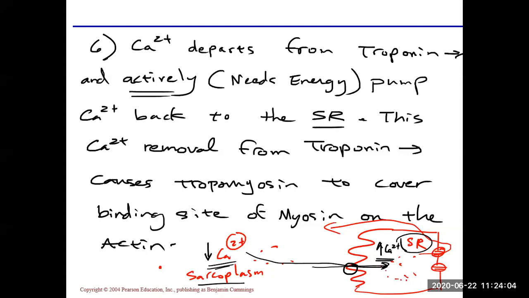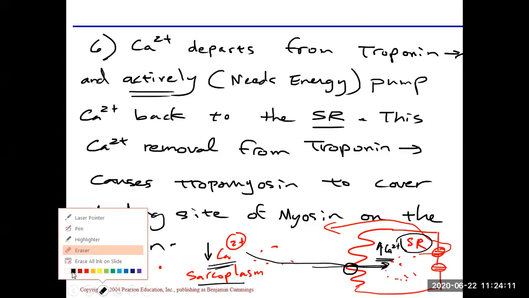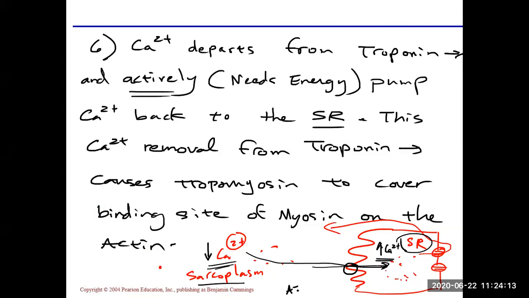But this calcium needs to be removed. And there is a special pump that they activate using, again, ATP. ATP is needed. Once you break down the phosphate bonds, energy is released, and that's enough to take the calcium from low to high. So I would say this phenomenon right here is an active process because it requires ATP.